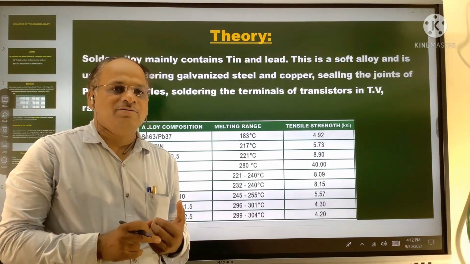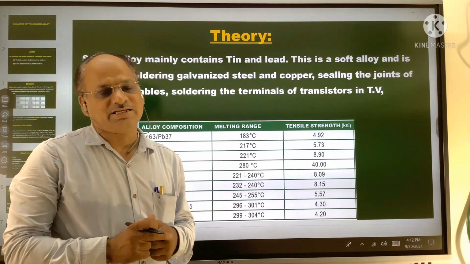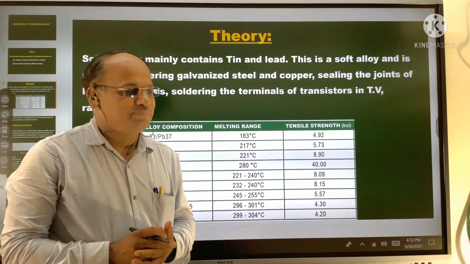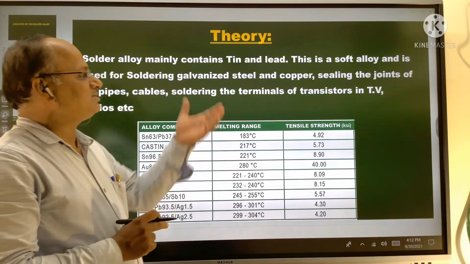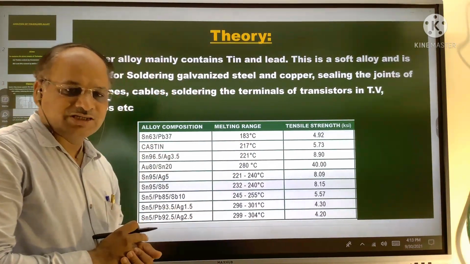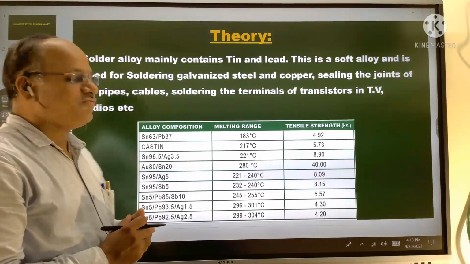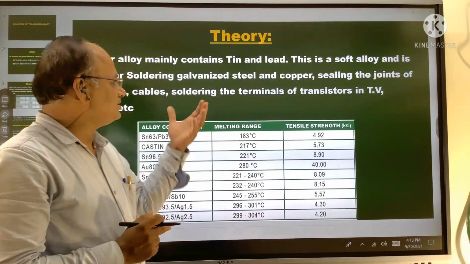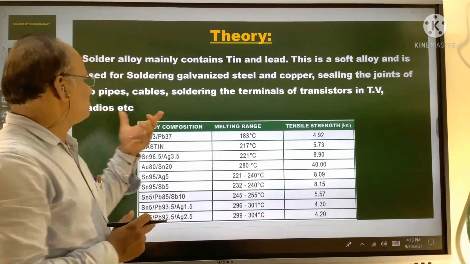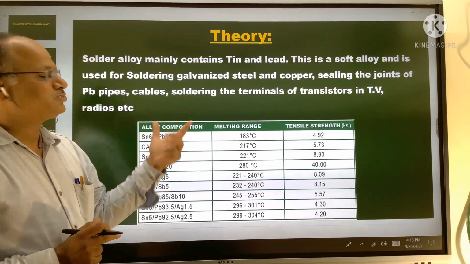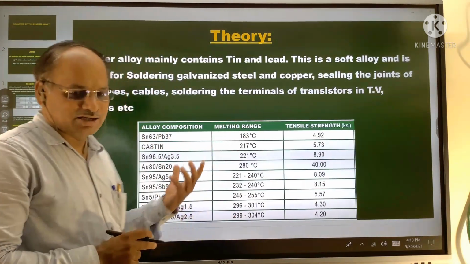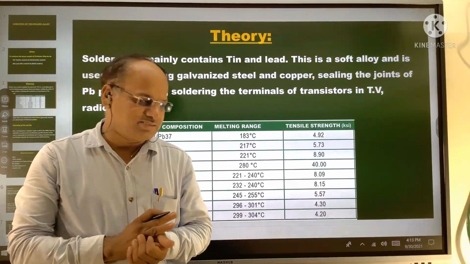Then, what is the theory behind this experiment? Here you see that tin solder alloy mainly contains tin and lead. This is a soft alloy and used for the soldering of galvanized steels, copper, sealing of the joints of the lead pipes, cables, soldering of the terminals of the transistors in TV and radios and also electronic devices.